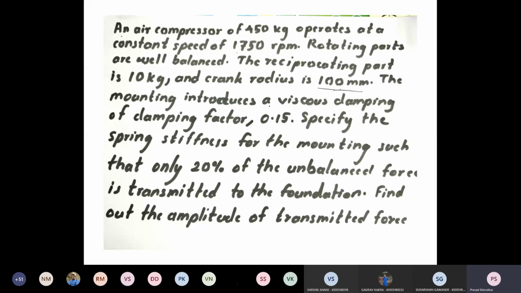The mounting induces a viscous damping of damping factor 0.15. Specify the spring stiffness for the mounting such that only 20% of the unbalanced force is transmitted to the foundation. Find out the amplitude of the transmitted force.